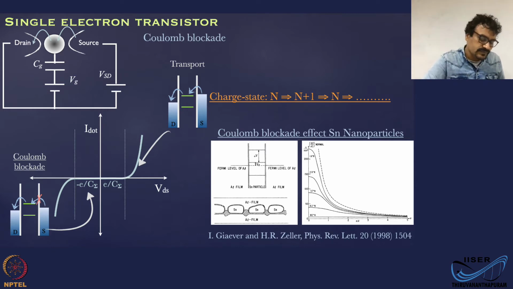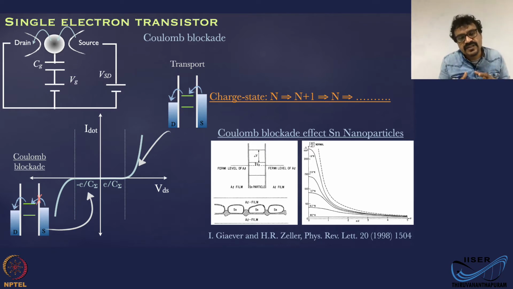Now, when you have a low voltage applied on the system, the source voltage is low, as shown here, you don't have enough coverage of this voltage to have the charging level within this energy window.